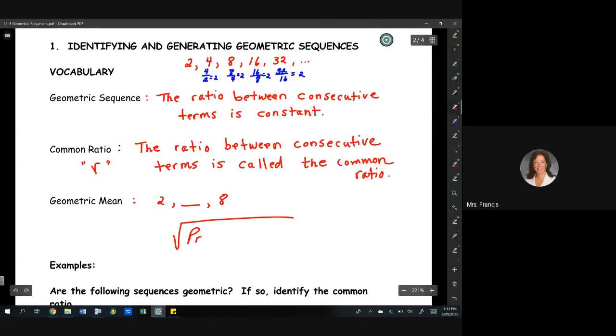The square root of the product of two numbers. So in this case, it would be the square root of 2 times 8, which is the square root of 16, which is 4. Right.